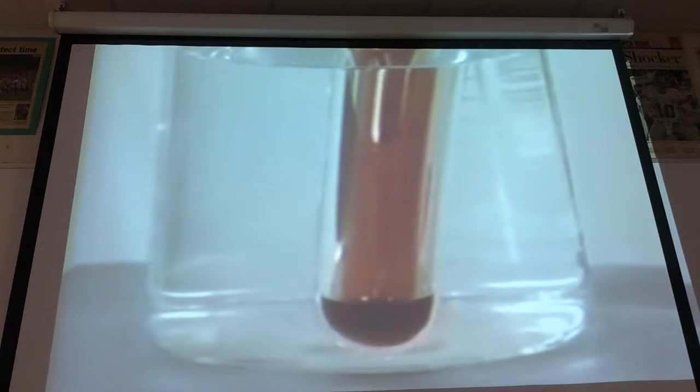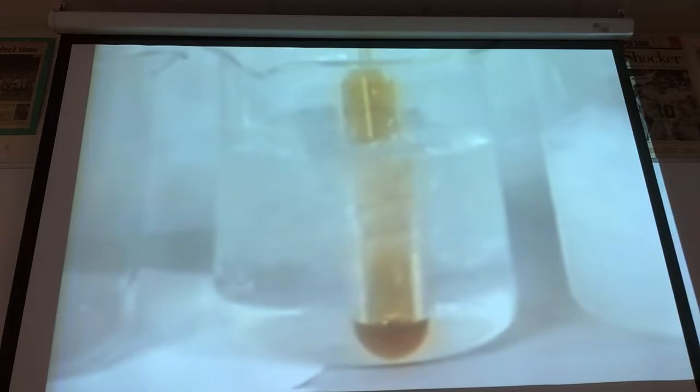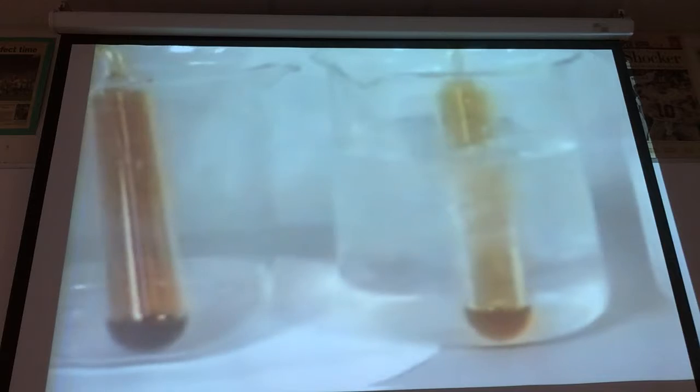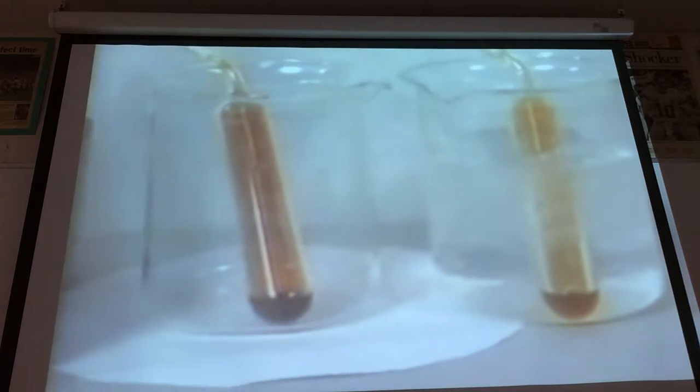It now contains more brown NO2 than the tube which we kept at room temperature. The tube in ice water has less brown NO2 in it. It is much paler because the equilibrium has shifted to favor the formation of colorless N2O4.